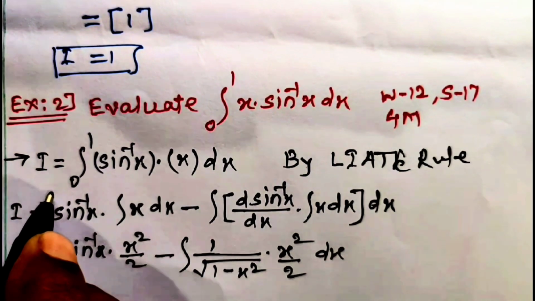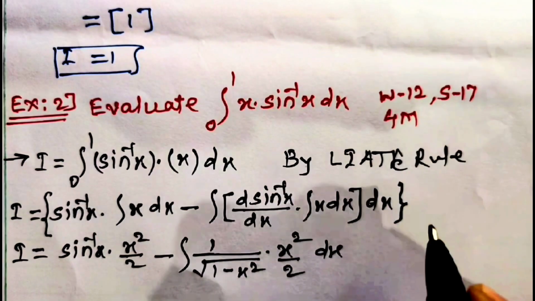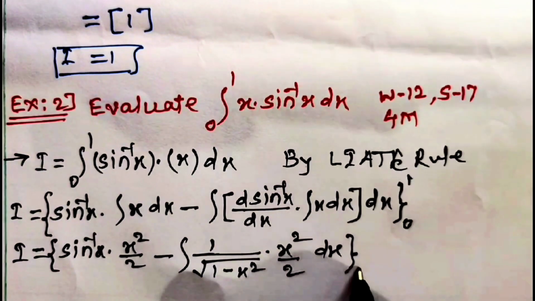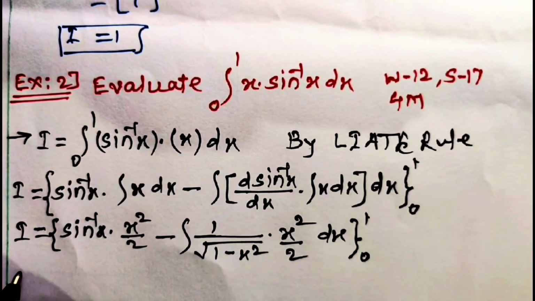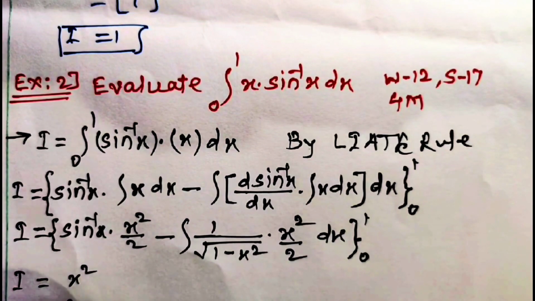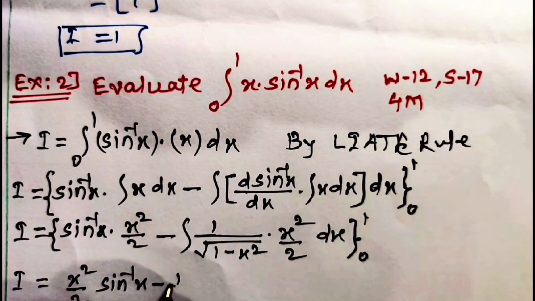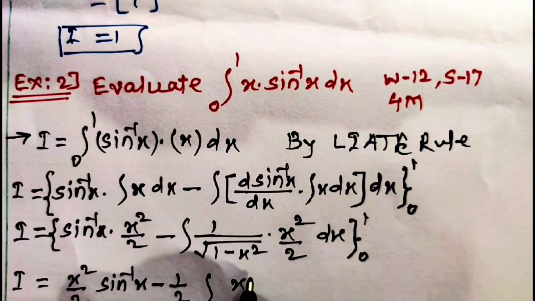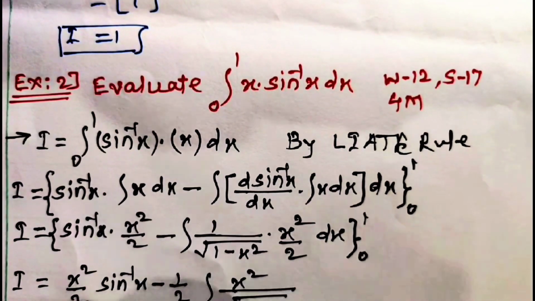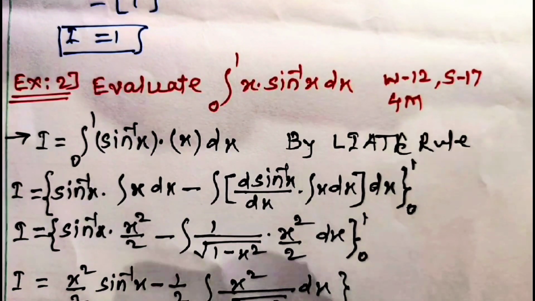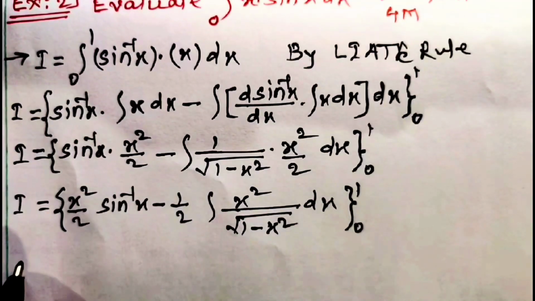Here limits of integral from 0 to 1 for this whole part, 0 to 1, and here also 0 to 1. Hence I is equal to x square divided by 2 sine inverse x minus 1 upon 2 integral of x square divided by square root of 1 minus x square, integral with respect to x, and limits from 0 to 1. Let us simplify this.